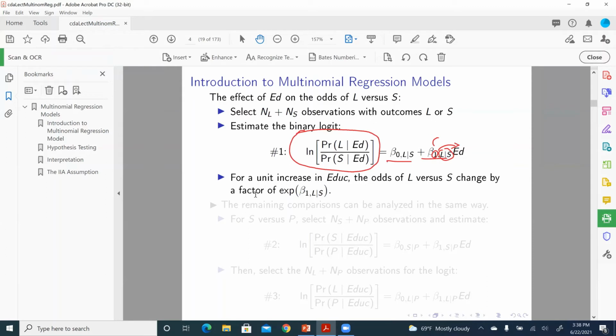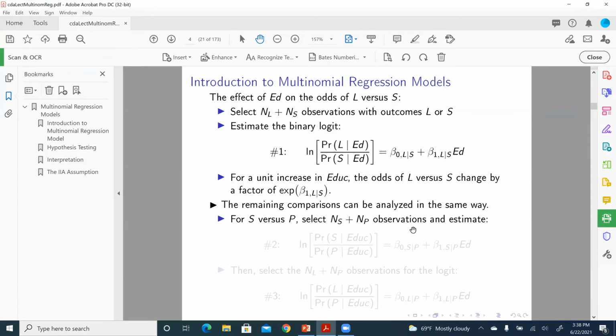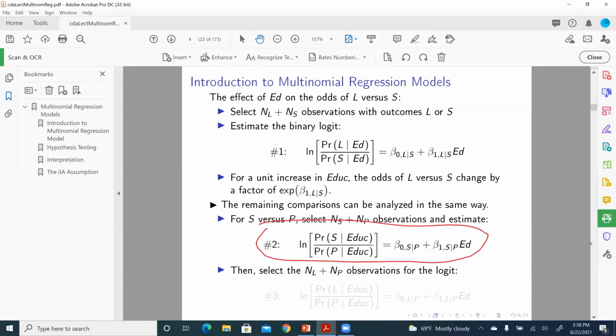In terms of interpretation, we're going to say, well, for a unit increase in education, odds of L versus S are going to change by a factor of e raised to the power of that slope number, right? And the remaining comparisons can be analyzed in the same way. For example, if we're interested in odds of S versus P, we can do similar estimation, right?